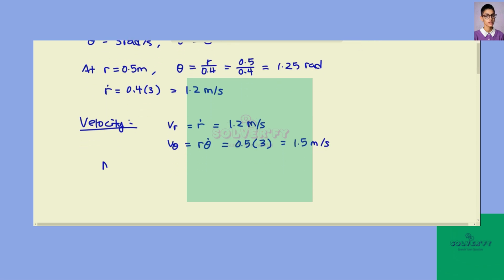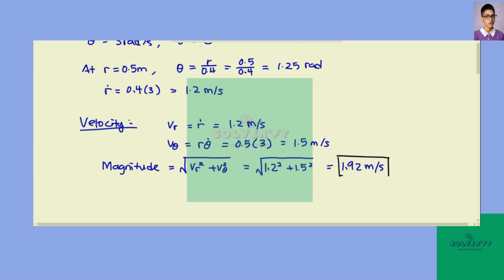And so the magnitude of velocity is equal to the square root of vr squared plus v theta squared. 1.2 squared plus 1.5 squared, square root, and you get 1.92 meters per second. So here are the components and the magnitude.